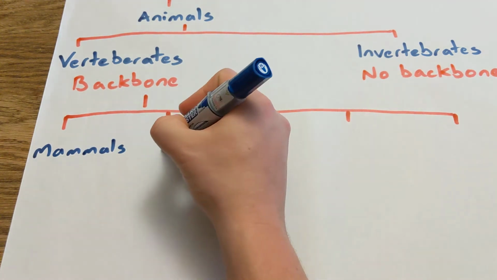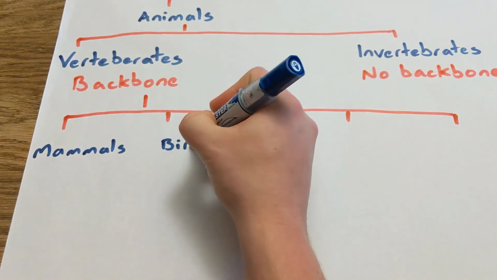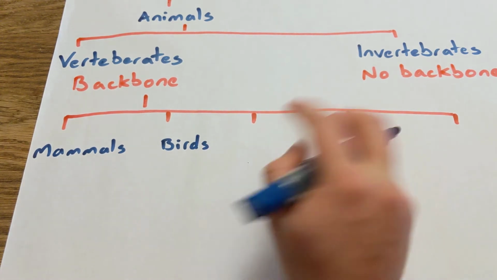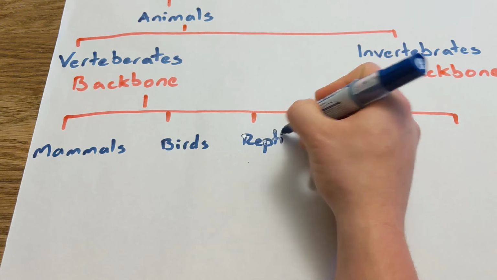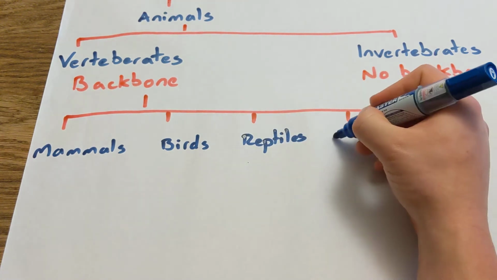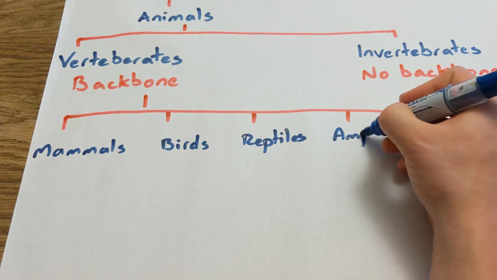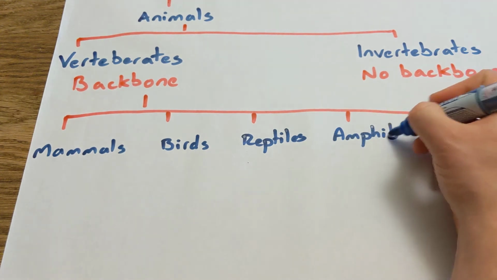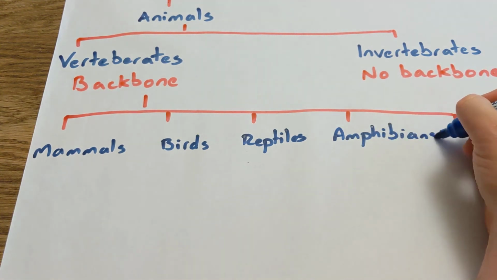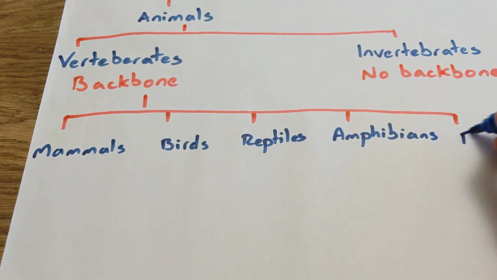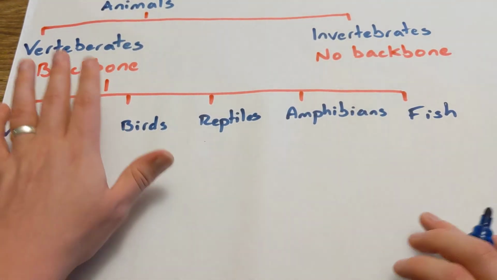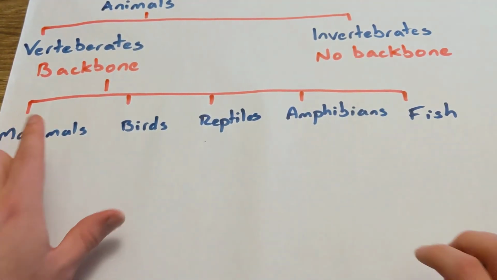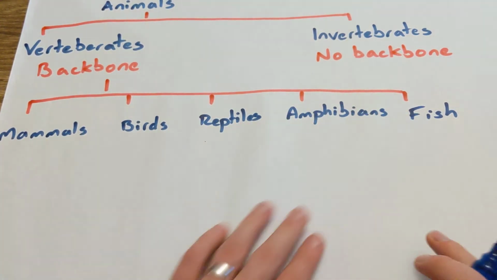Another one is birds. Then we have reptiles. Then we have amphibians. Oh, I'm going to struggle to fit this all in. Amphibians. And then we have fish. So, once we get down to the point of thinking about vertebrates, that's all the animals with backbones, we have 5 different types of them.